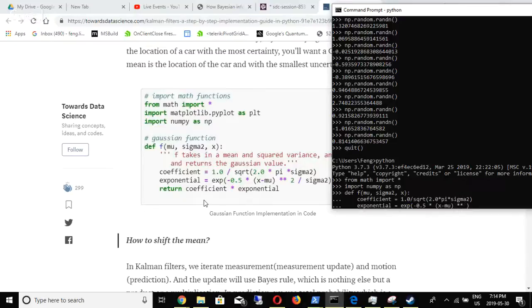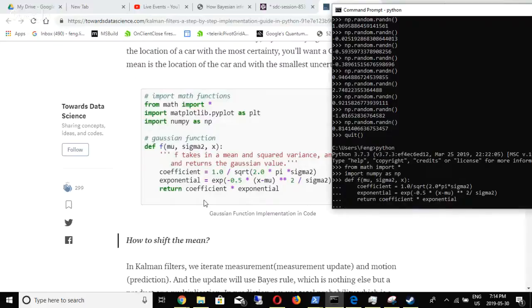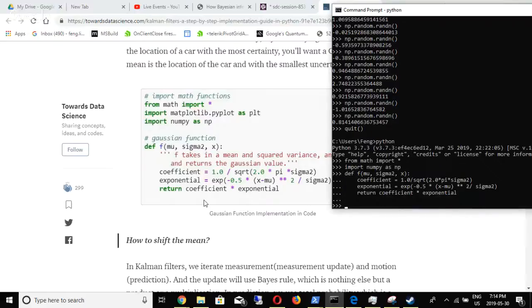I wish you had this as text, but I think that defines the function.